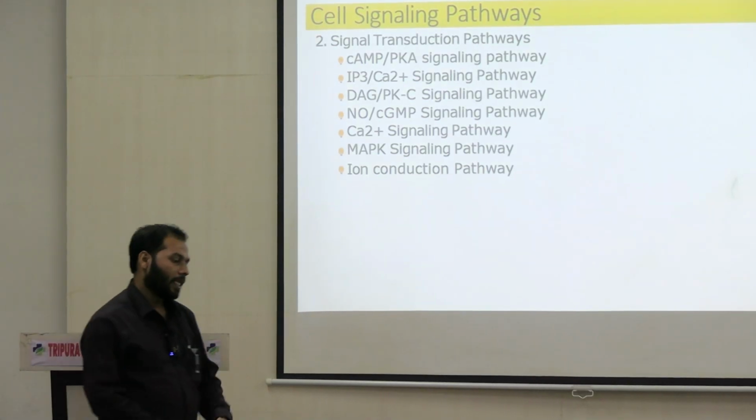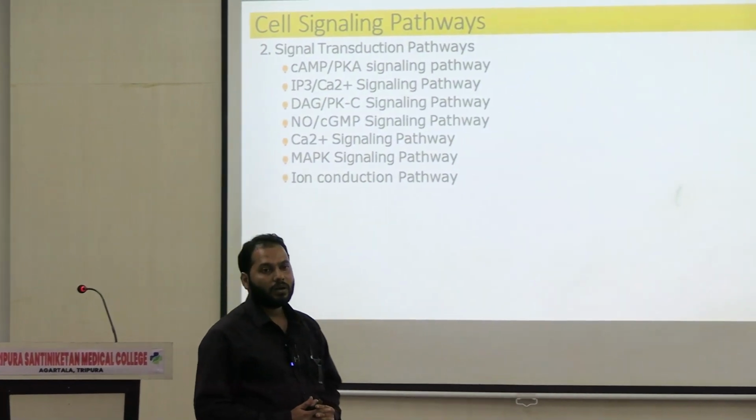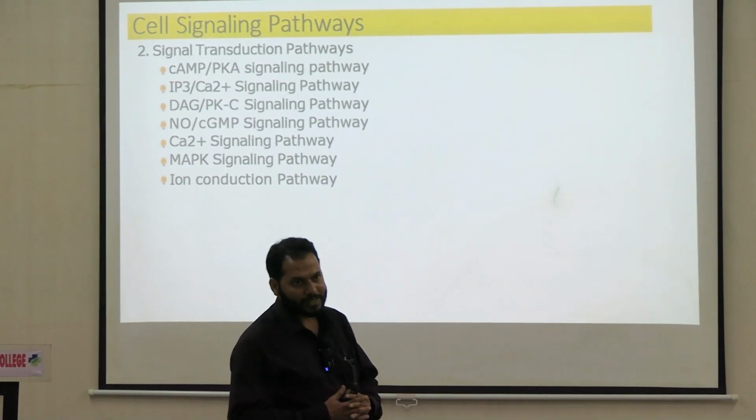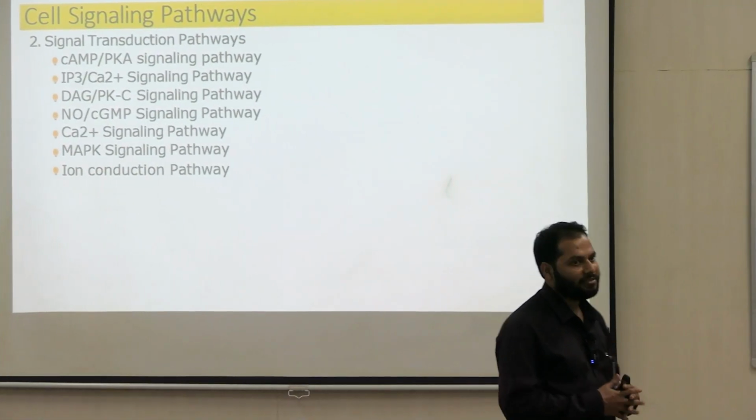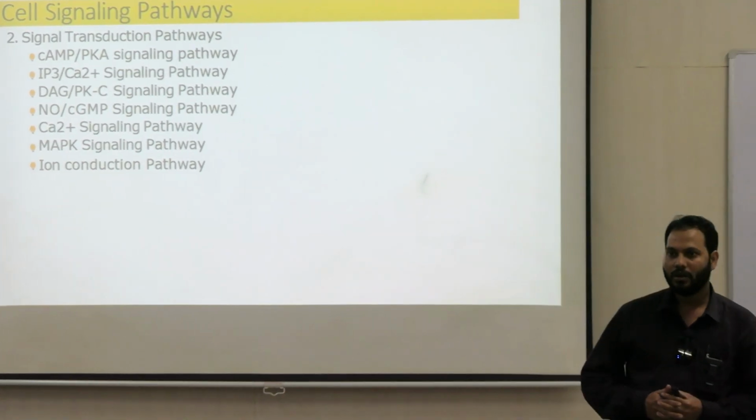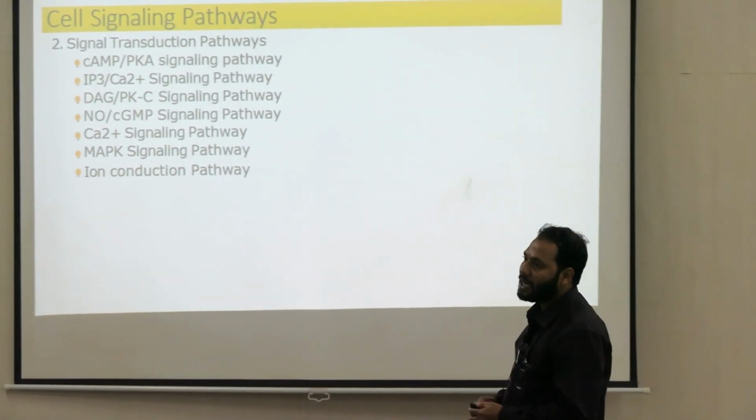Now see, as I mentioned, the communication between cells or the signaling cascade is a very complex event. So what are the different types of signaling cascade?